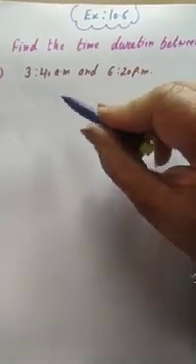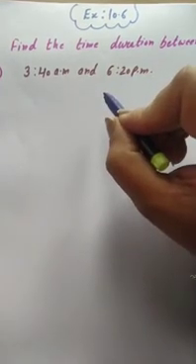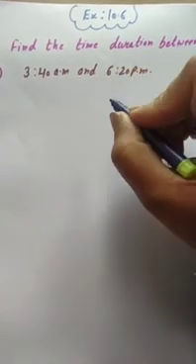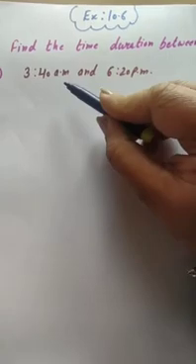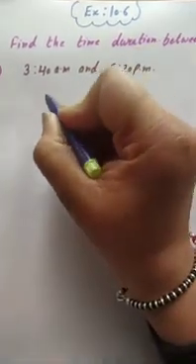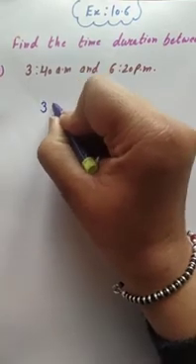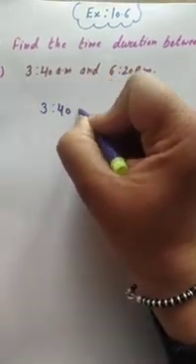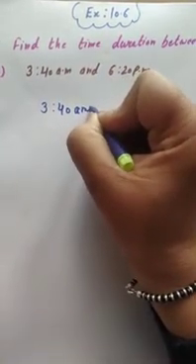Now we have to find the time between these two given time slots. But here one is given in AM and the second is given in PM. So first of all, we will write these times in the 24-hour system.